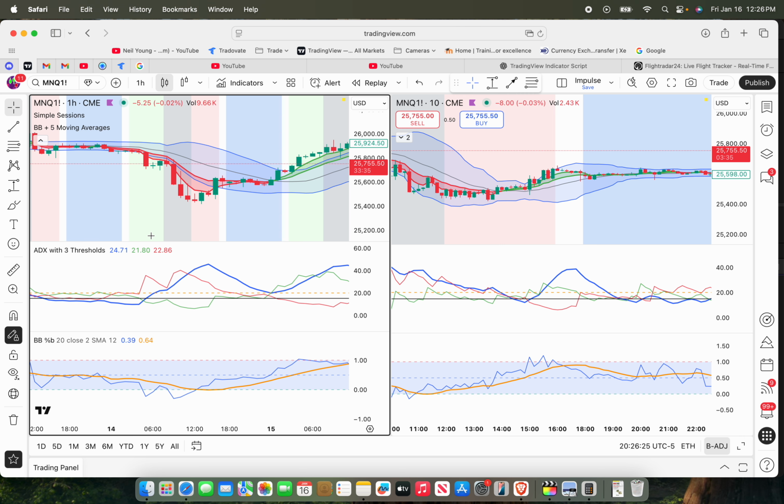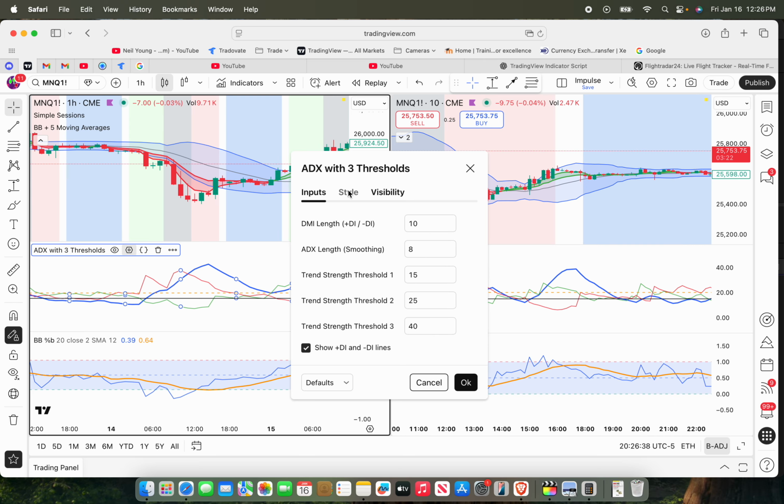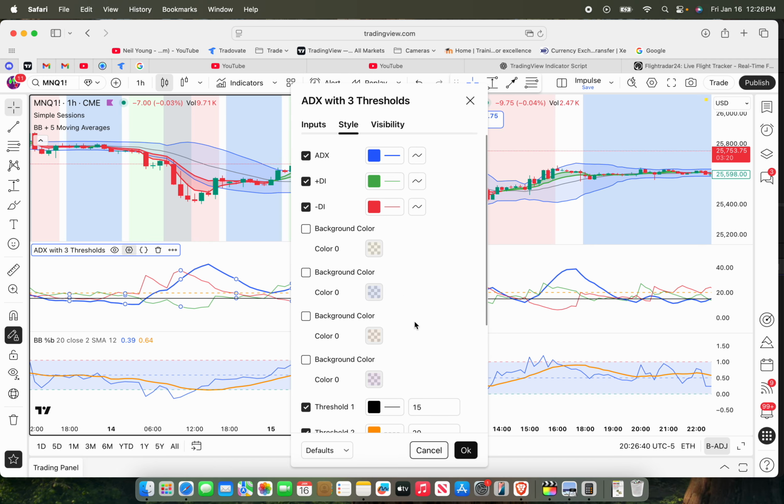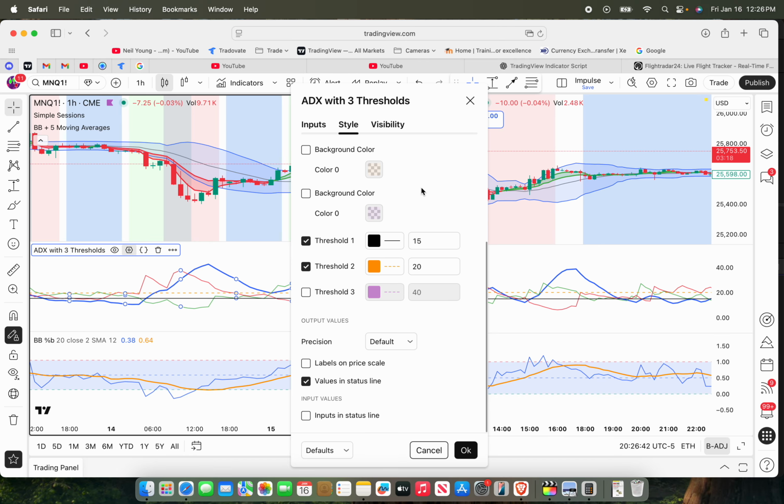So see this bar here, nice big 1 hour bar, when this red line is pointing upwards, it's above green. Oh, and by the way, I've designed this so there's 3 thresholds. Okay, everything can be changed at the back end here. And why 3? Well, I thought, why not have 3?